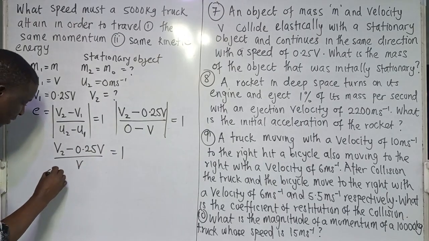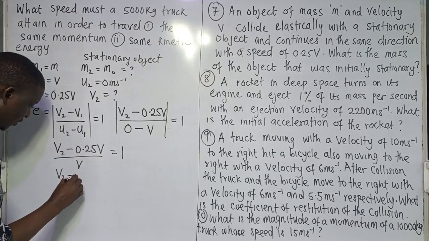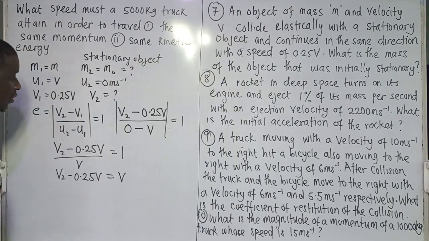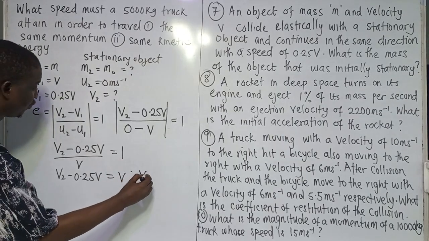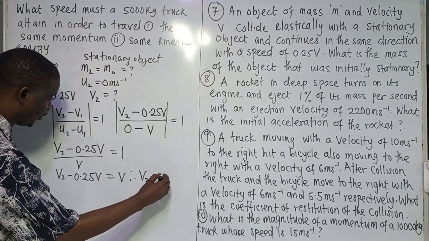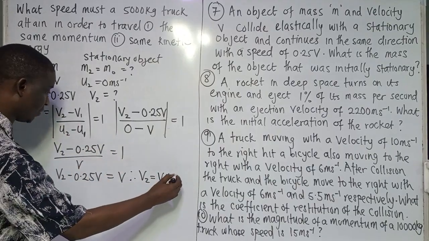Now cross multiply. V2 minus 0.25 V is equal to V. So how do you get V2? Therefore, V2 is equal to V plus 0.25 V, collecting like terms.